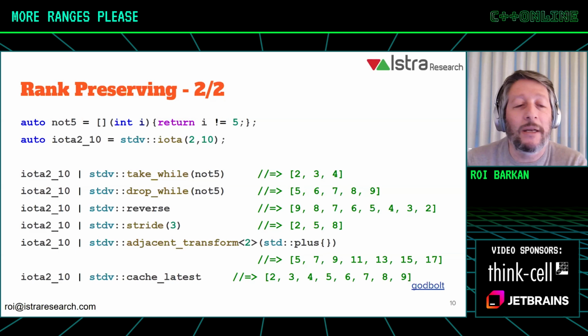So cache latest basically tries to avoid recalculating or recalling the star operator on its input, and stores whatever the latest item that it needed to return or calculate in memory in order to avoid extra calculations. Okay, so those are the rank preserving ones.